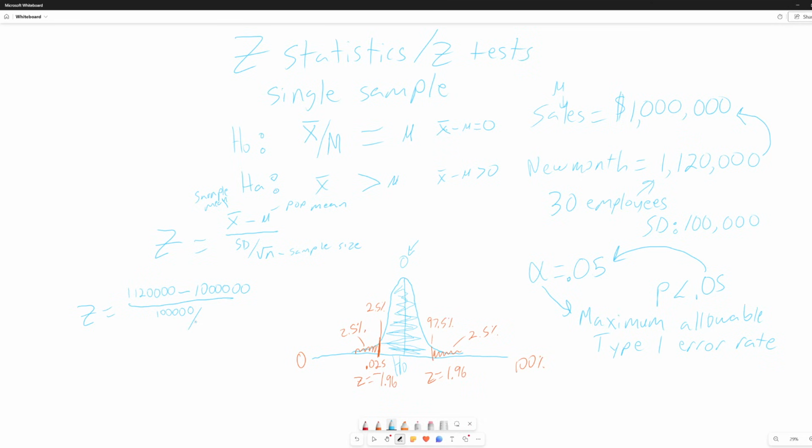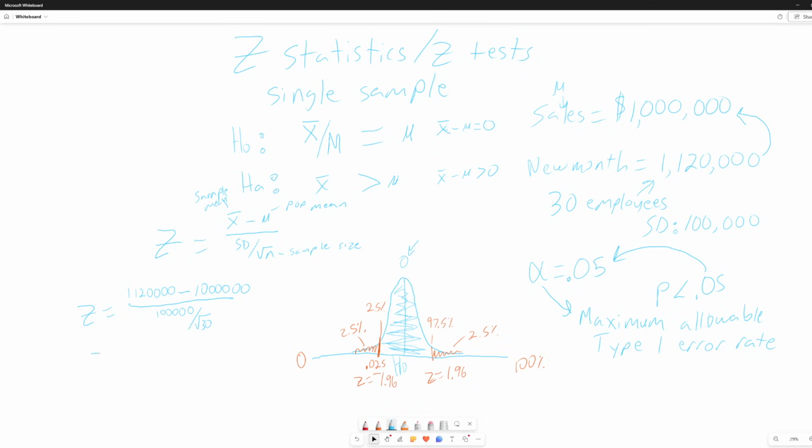The n is 30, so it's the square root of 30 because I have 30 employees. And by the way, this little formula down here, 100,000 divided by the square root of n, is what is called standard error. You'll use this calculation in a number of test statistics. So go ahead and calculate that on your own, and once you do, I want you to use it to draw a conclusion here. Did this new sales tactic significantly improve sales?